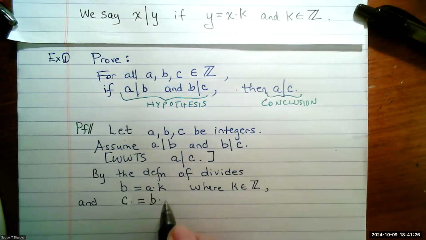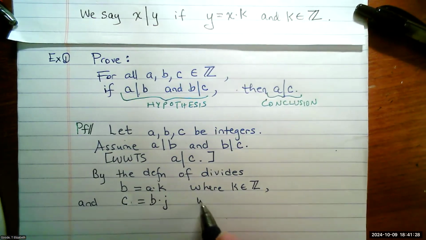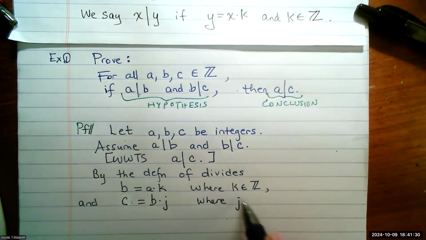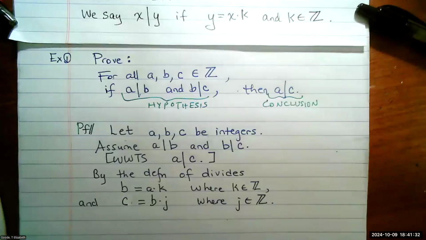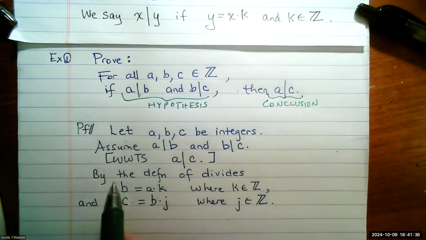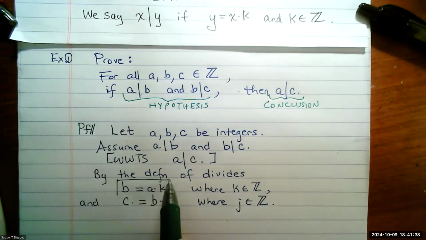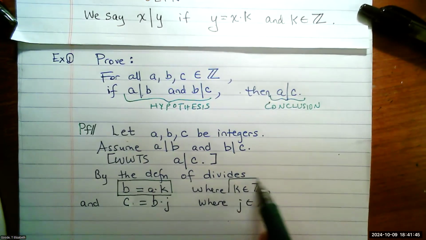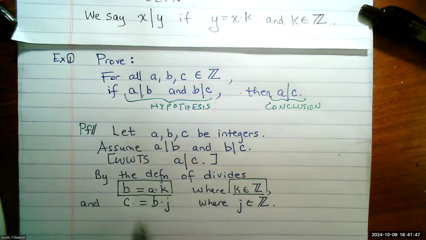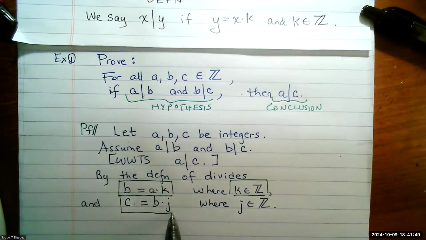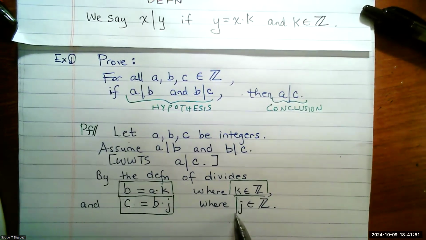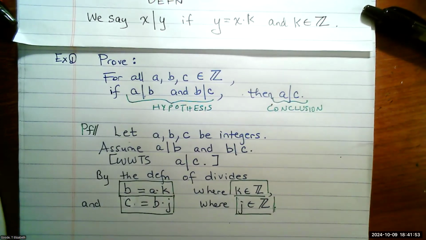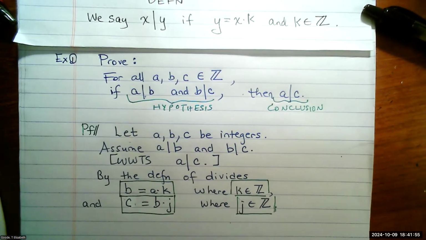I'll just keep going with J, where J is in Z. So let's just take stock. Let's just take a look at all of this great information that we have just from the hypothesis. We have an equation that B equals A times K. We've got information about K. It's an integer. We've got an equation that C equals B times J and information, of course, about J.